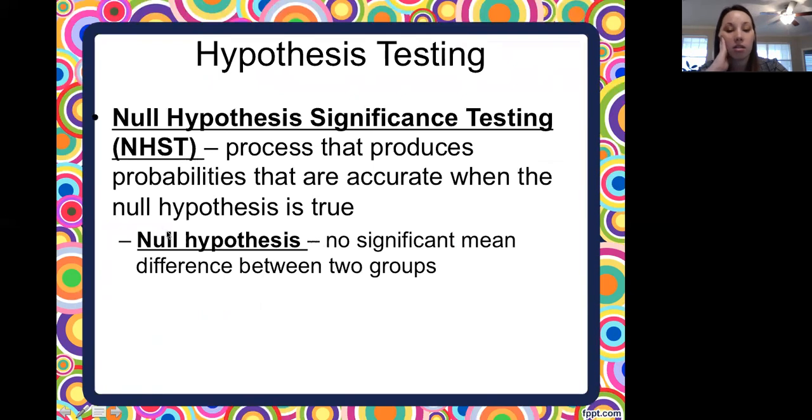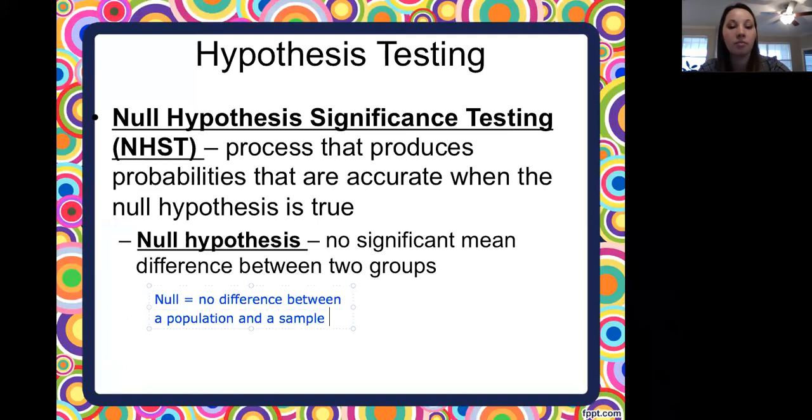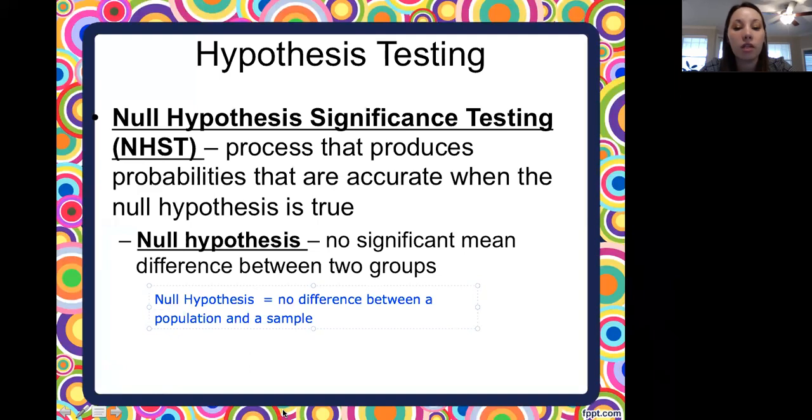But the null hypothesis argues that there is no significant difference between our two groups. So for our single sample t-test, the null hypothesis argues that there is no difference between a population and a sample. So the null hypothesis argues that there is no significant difference between a population and a sample.